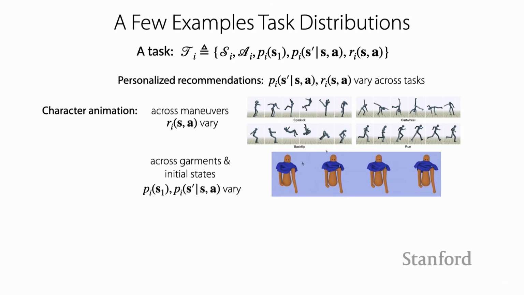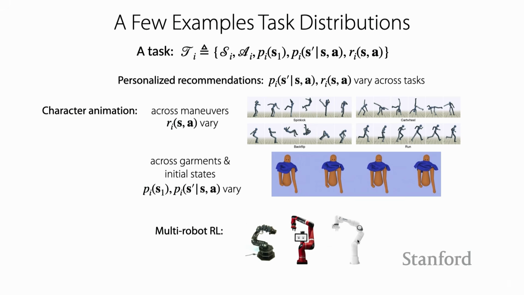I think I also put the initial state distribution might vary, whereas in the first example maybe the initial state is always starting standing up, for example. Whereas here you have different garments in the initial state. And then the last example I put is that maybe different tasks are controlling different robot arms. Maybe one robot arm looks like this with 4 degrees of freedom, this one has 6 degrees of freedom, and this one has 7 degrees of freedom.